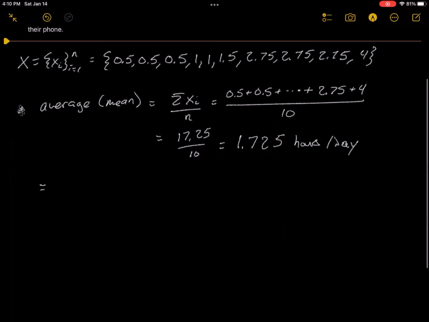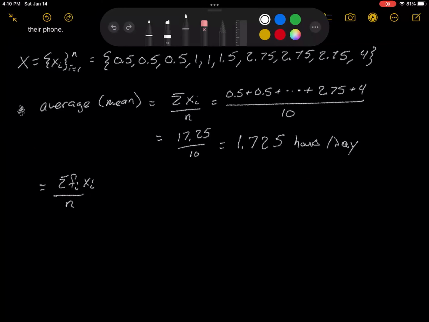You could have gotten the average using a weighted sum as well. So the general equation for a weighted sum is the sum of the frequencies and the data divided by how many data points you have, or rather the sum of the frequencies. So for instance, here we have 3 0.5s. So I can take that data 0.5 and weight it with a 3.